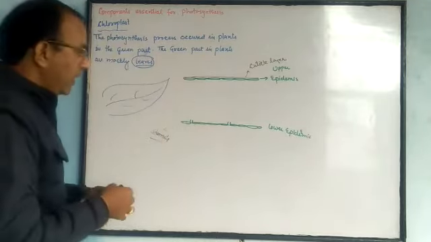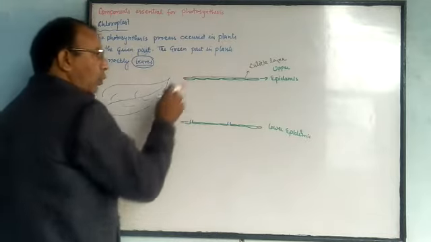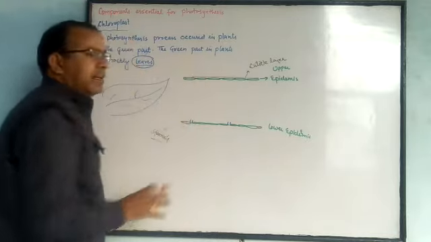Just between the upper and lower epidermis, there are two types of parenchyma tissue cells.